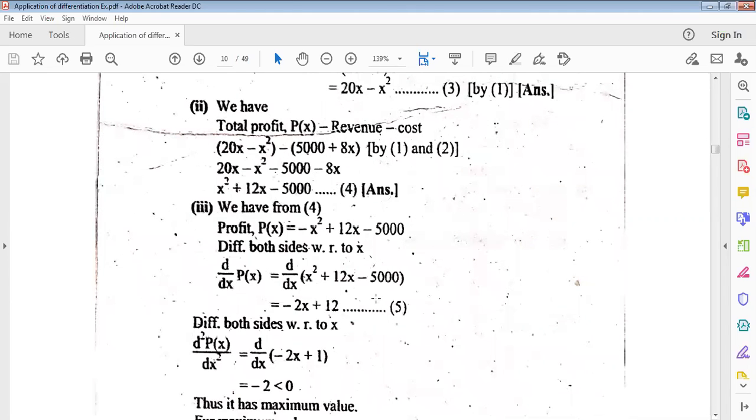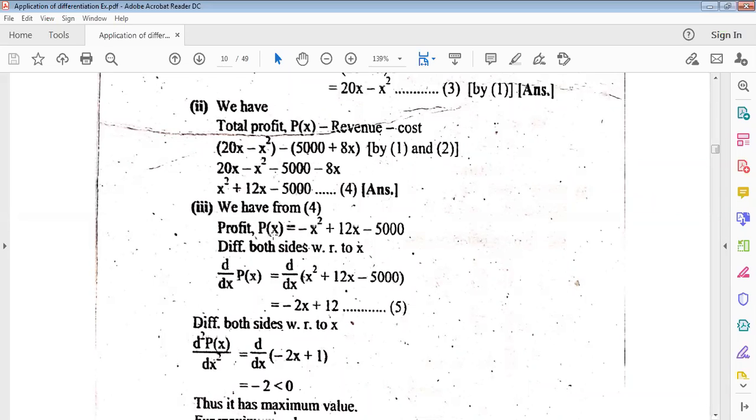Now in the third part, we have to maximize this profit. From 4, the profit function equals minus x square plus 12x minus 5000. There is a minus missing because of a printing mistake. This equals P(x).